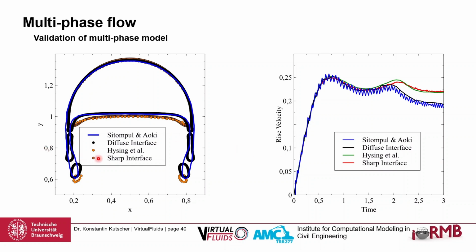The sharp interface is ours. The diffuse interface is also our implementation, but the problem with the diffuse interface was that it cannot be stable with a high density ratio and low viscosity. If you combine both, it's a problem, because they have to have a high density ratio and low viscosity.